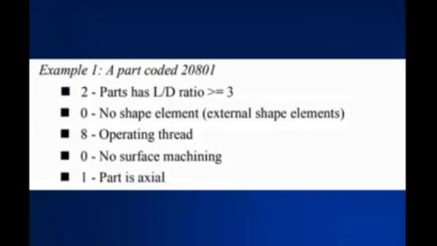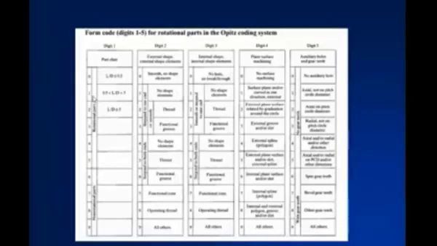The example is a part coded 20801. If you can see, 2 means the part has a length to diameter ratio equal to 3 or greater than 3. You can see here, it is this one, and digit 1 is 2, so it is this one.